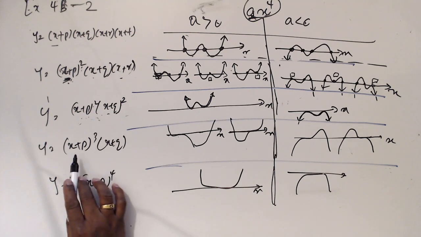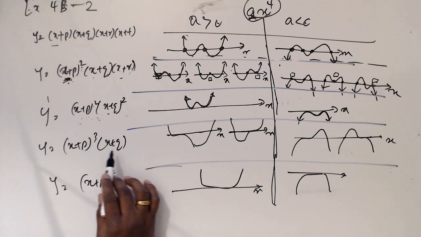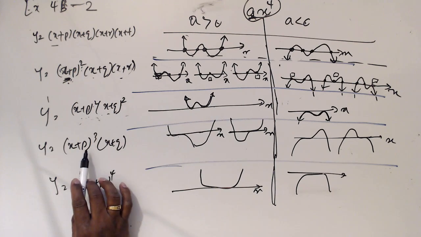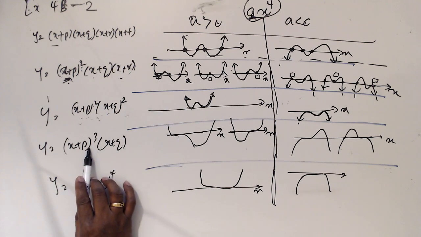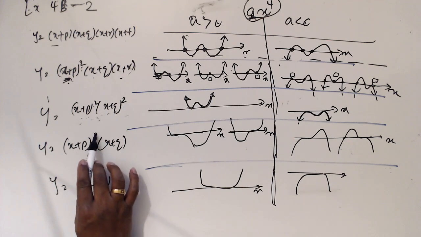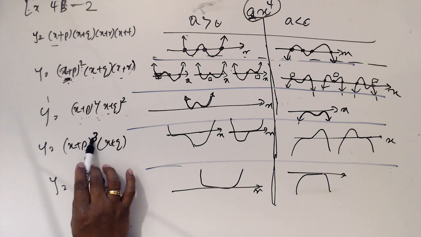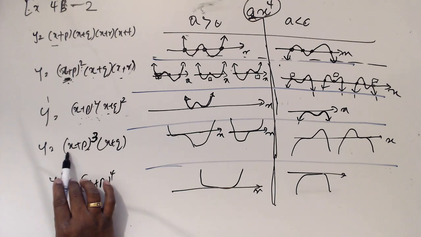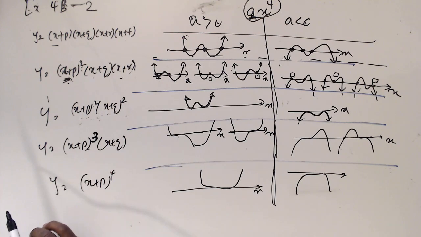Now, this is how you can see a point of inflection again. (x plus p) to the power of three, the root is repeated three times.